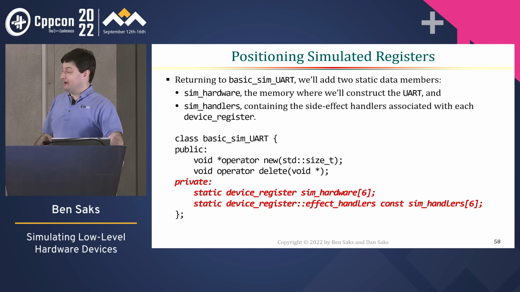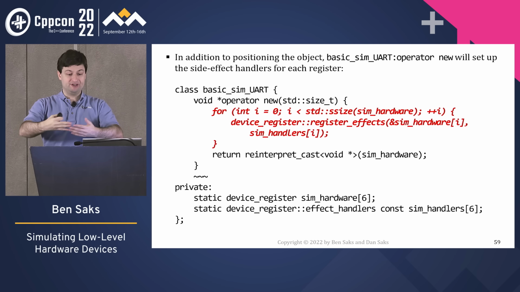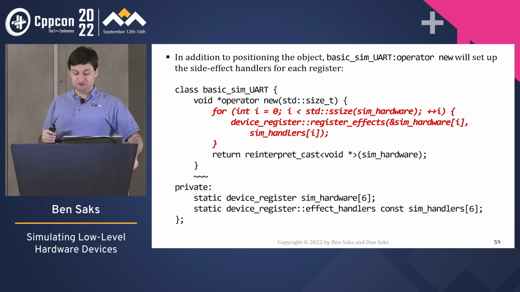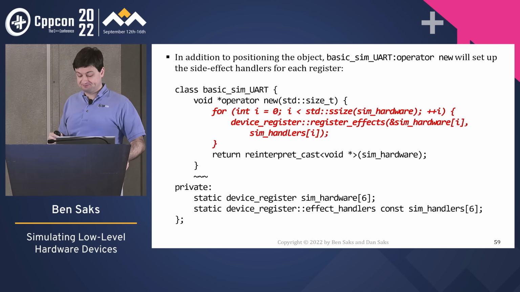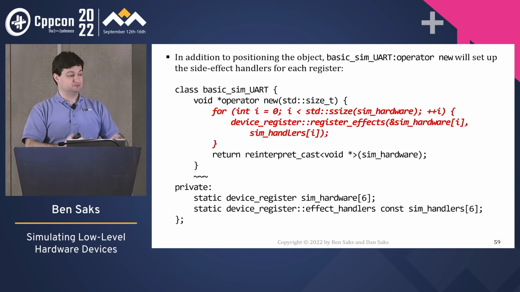We'll also have another array containing the effect handlers associated with each one of those registers. And now our operator new for the simulated UART will return the location of sim hardware as the place to create our UART object. But it will also go ahead and set up the side effects for the registers as it does so.